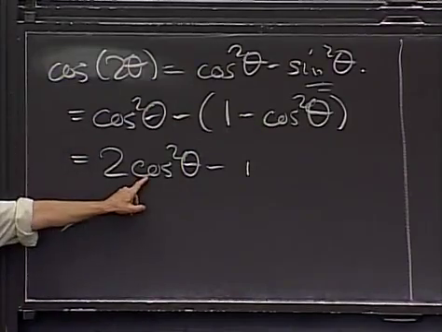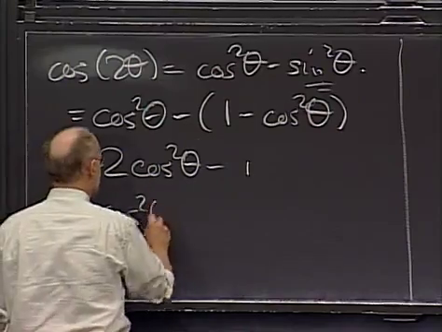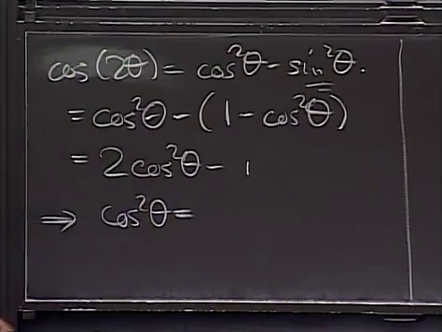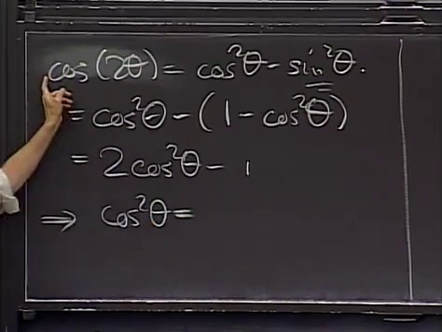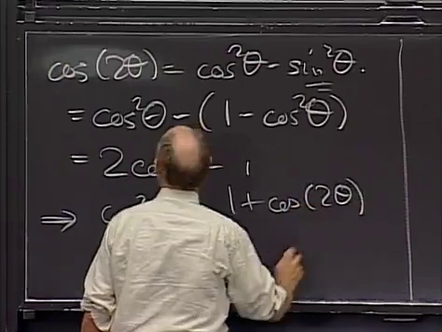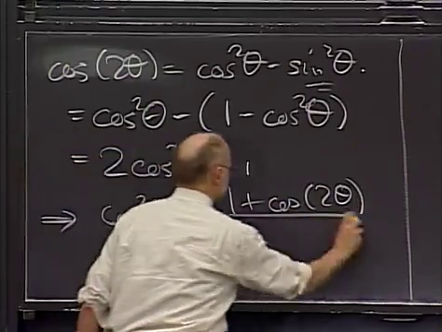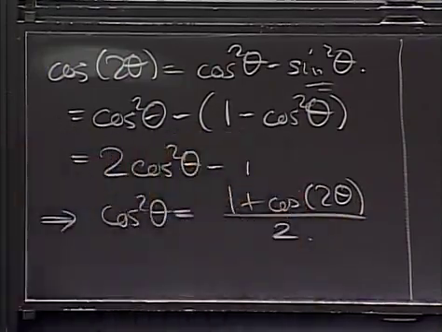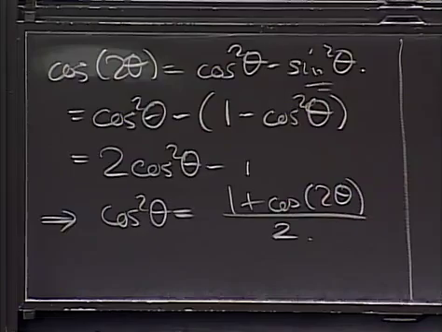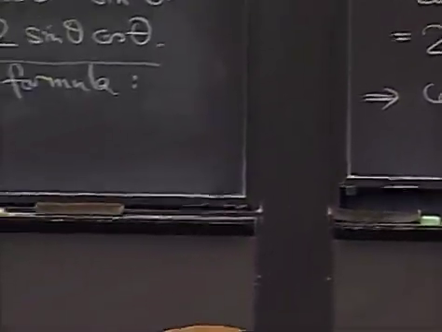I want to isolate what cosine squared is, so let's solve for that. I'll put the 1 on the other side, and I get 1 plus cosine of 2 theta. And then I want to divide by this 2, and so that puts a 2 in the denominator here. Some people call that the half angle formula. What it really is for us is a way of eliminating powers from sines and cosines.